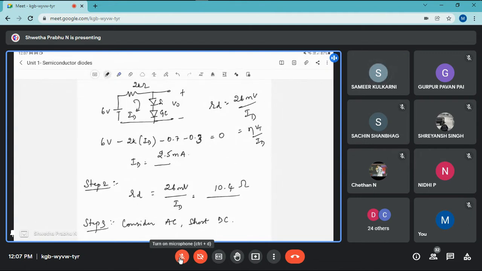If you refer to the Robert Boylestad textbook, he has given eta equal to 1 and eta equal to 2 for germanium and silicon respectively. But as per the design, the syllabus and scheme, we are assuming eta equal to 1 throughout for semiconductor diodes. So with respect to eta value, the dynamic resistance remains the same for silicon as well as for germanium.